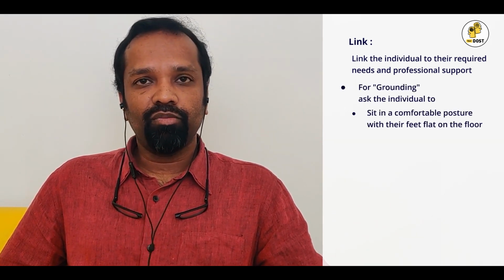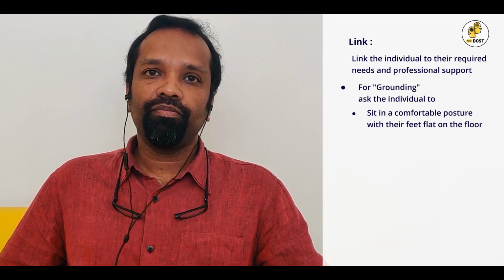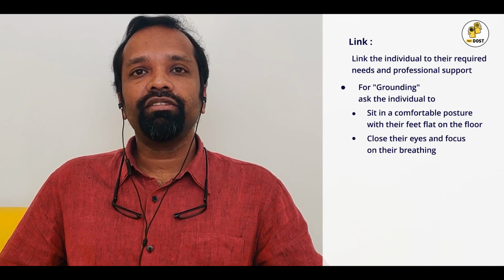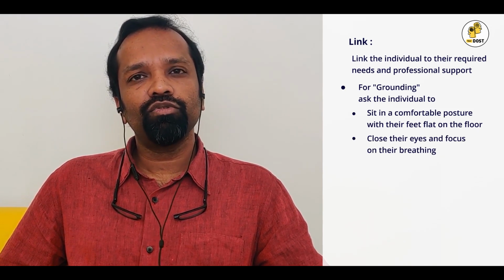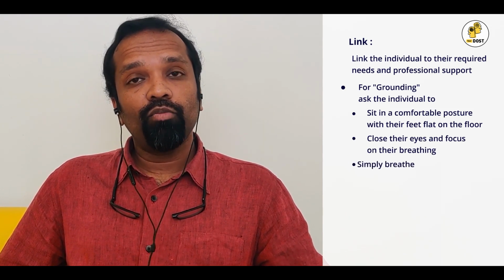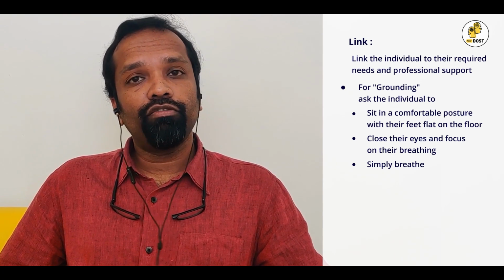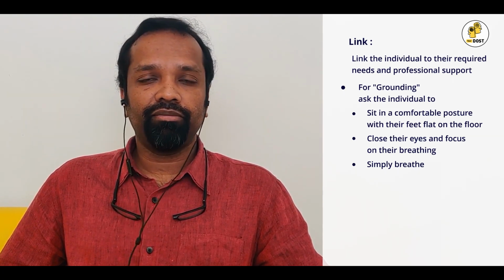In case they are visibly in great distress, you can help them ground themselves and calm down. Ask them to sit in a comfortable posture with their feet flat on the floor. Ask them to close their eyes and slowly ask them to start focusing on their breathing. With their normal, natural breathing, tell them they don't need to modify or manipulate their breathing.